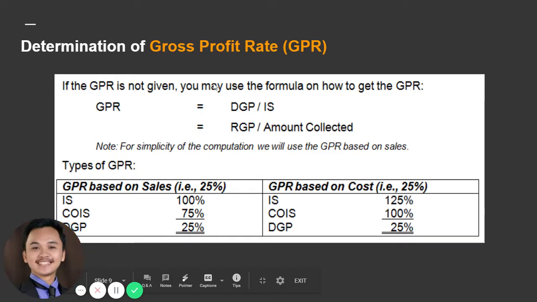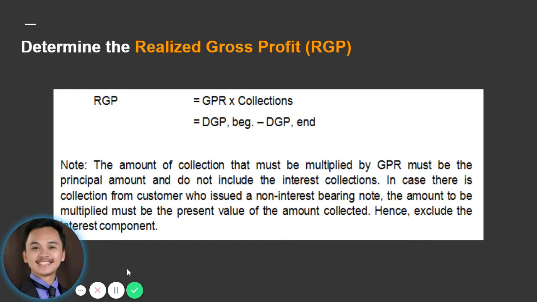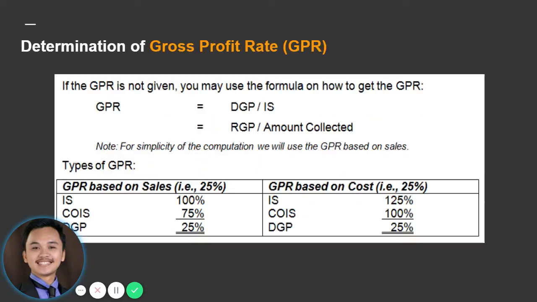Okay, so to compute for our GPR, guys, we have here our common formula. The standard formula to compute our GPR is our deferred gross profit over our installment sales. We also have an alternative way to compute the gross profit rate, where realized gross profit is divided over the total amount collected.